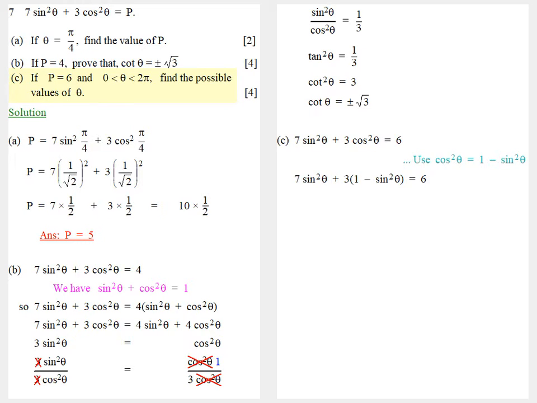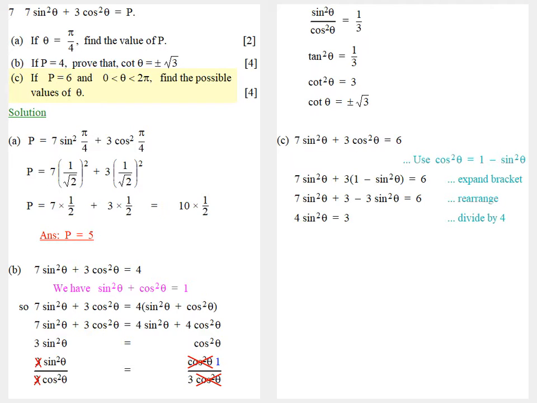So 7 sine squared theta plus 3 into (1 minus sine squared theta) equals 6. If we expand the brackets, we get 7 sine squared theta plus 3 minus 3 sine squared theta equals 6. And that simplifies down to 4 sine squared theta equals 3.